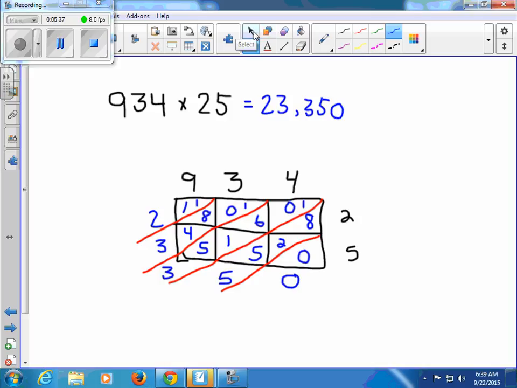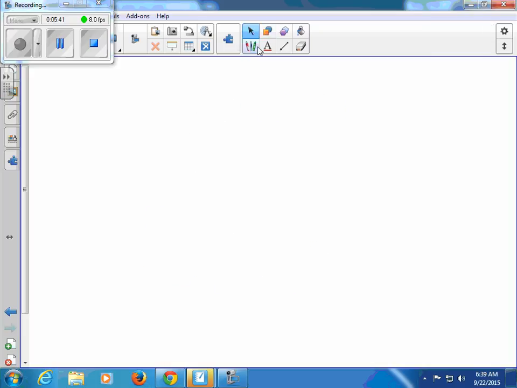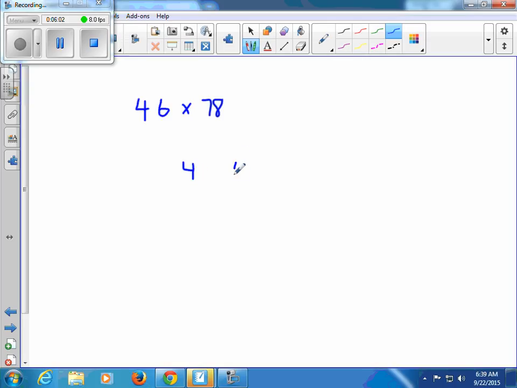Okay, I'm going to give you a problem to solve next. We'll stick with 3-digit by 2-digit for right now. Let's do 2-digit first. So we'll do 46 times 78. So you're going to start off by separating out your numbers and creating your lattice.